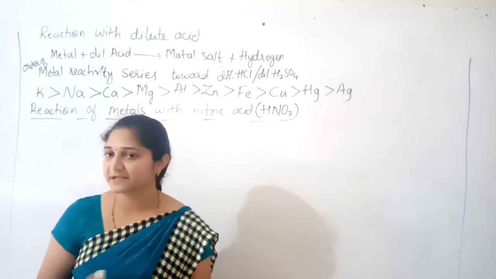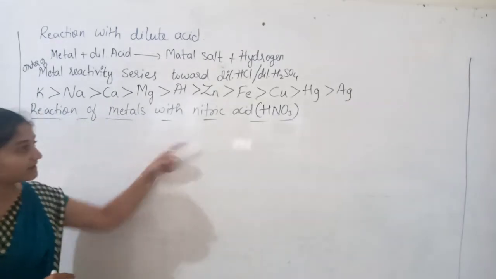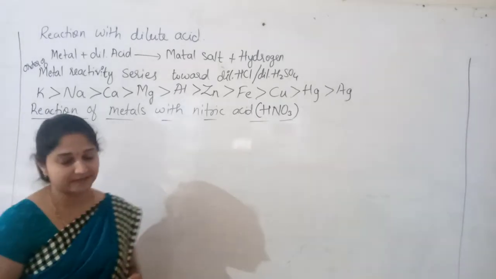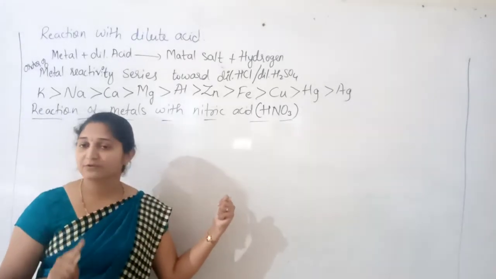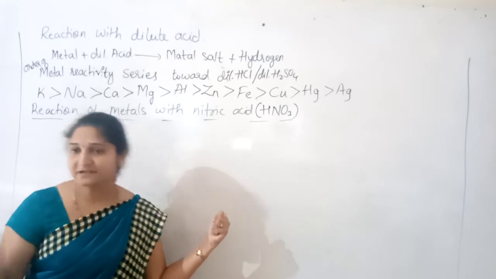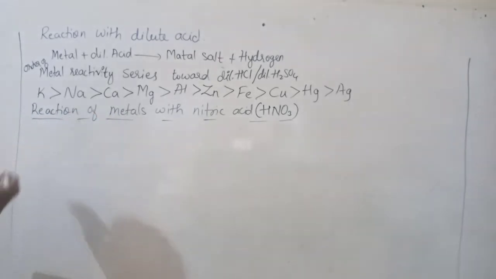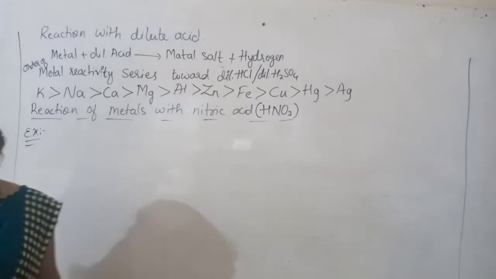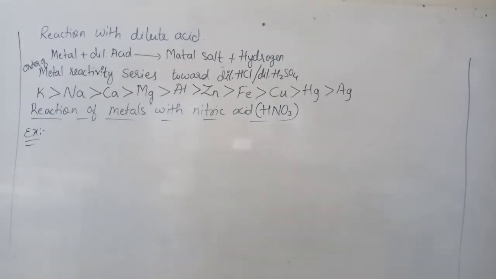When a metal reacts with nitric acid, it is going to form its nitrate salt. Okay, let us see the example here. Not all metals are going to react with nitric acid. Copper is going to react with nitric acid, and manganese and magnesium are going to react with the nitric acid. Okay, let us consider here.